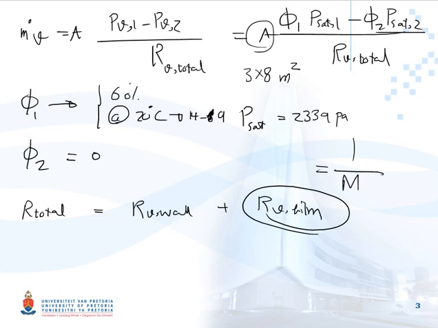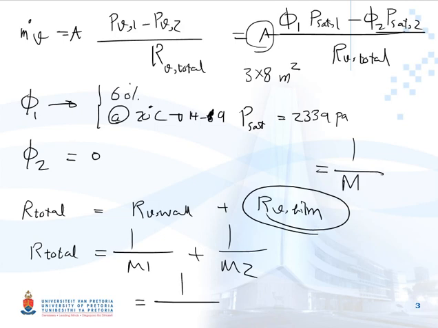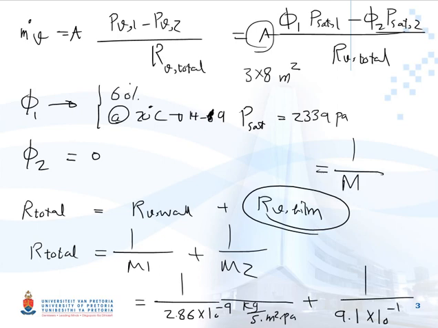So our total will be equal to M1 plus M2, which is 1 divided by 286 multiplied by 10 to the power of minus 9 kilogram per second meter squared Pascal, plus 1 divided by 9.1 times 10 to the power of minus 12 kilogram per second meter squared Pascal.